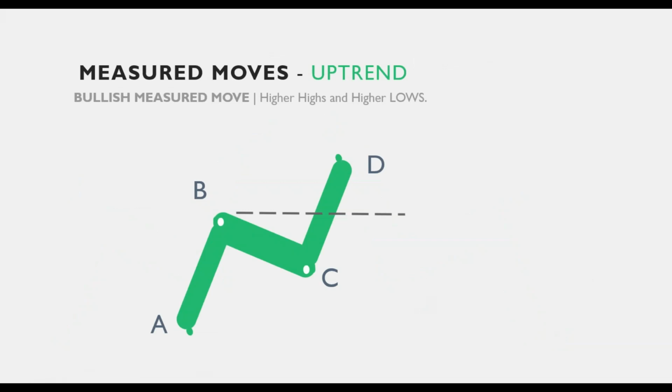The classic definition of an uptrend is higher highs and higher lows, and that's what you see here with the bullish measured move. It goes from A to B and back down to C, and C is a higher low. Then when it goes past B, it becomes a higher high.